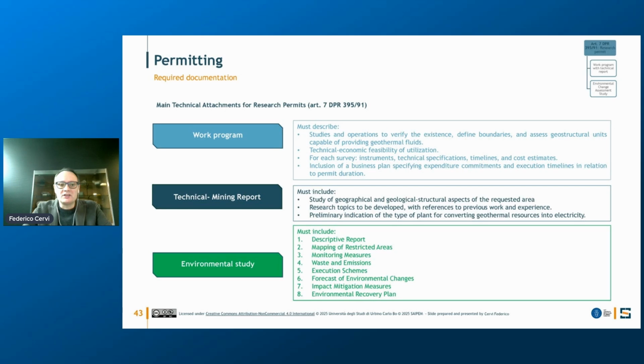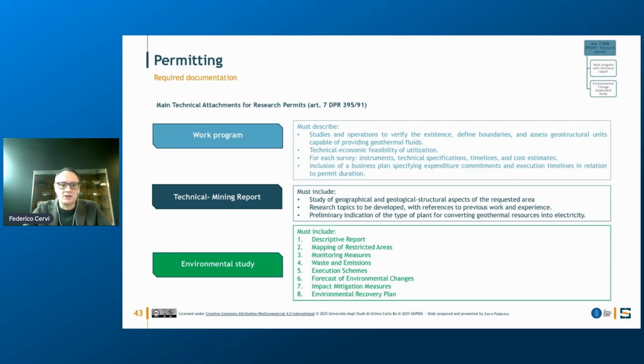Let's examine in detail the key documents that must be attached to the exploration permit application. We mentioned the work program earlier. This must describe in detail the planned studies and operations, indicating the tools, a schedule with all the activity timelines, cost estimates, and a preliminary business plan.